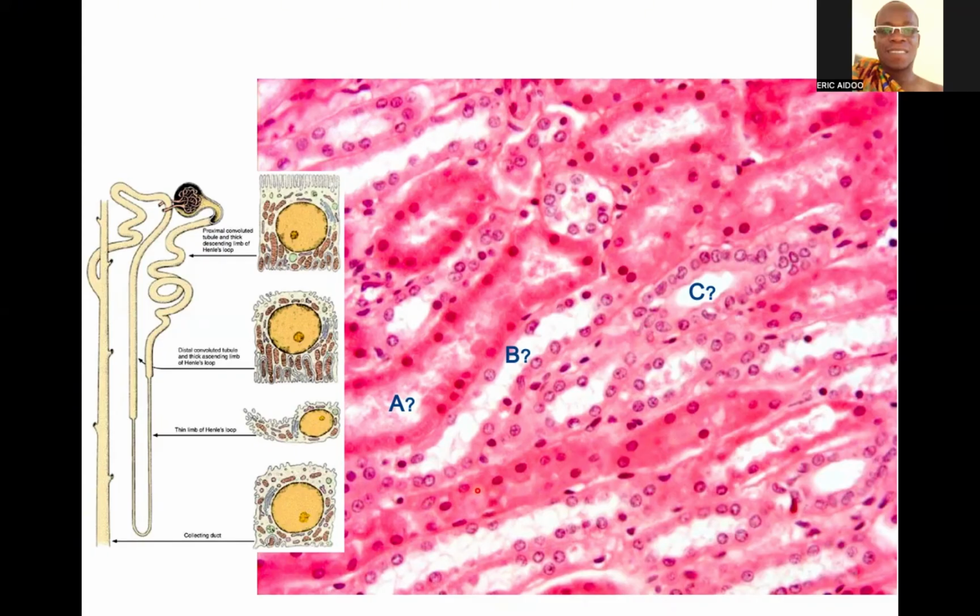So usually the only confusing aspect will be how to differentiate between the distal convoluted tubule and collecting duct. Okay, but you can always use the diameters to tell. And then also the clear cuboidal nature of the cells.